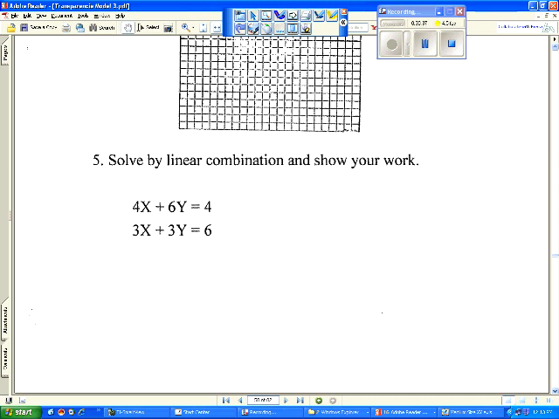Additive inverses, opposite signs. The additive inverse numbers will be the what? LCM of both. Now, you can decide, do you want to cancel the x's or the y's? Y's. So, it was said that we want to cancel the y's.